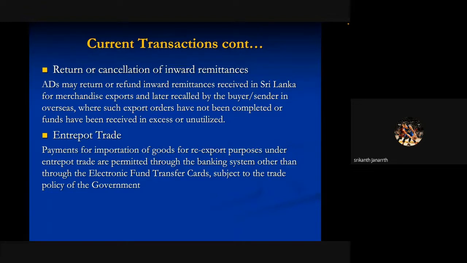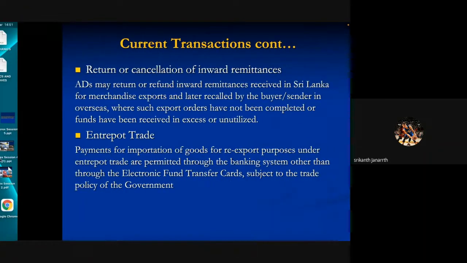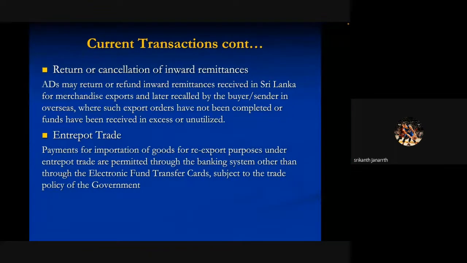So you need to make sure the monies are subject to trade policy. You get more money from the entrepreneur trade, and you have to be very careful, because you send the money to one country without the goods even coming here, right? Remember, you are sending money to China, and it is not an advance payment.